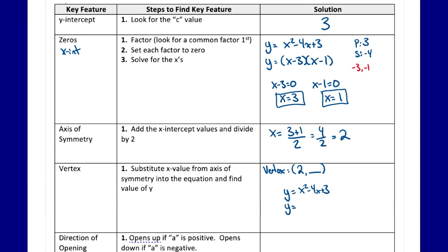I get y is equal to 2 squared minus 4 times 2 plus 3. Y equals 4 minus 8, which is negative 4, plus 3, which is negative 1. And then this value goes back into our vertex. So our vertex is now 2, negative 1, which again matches what we saw from our graph.